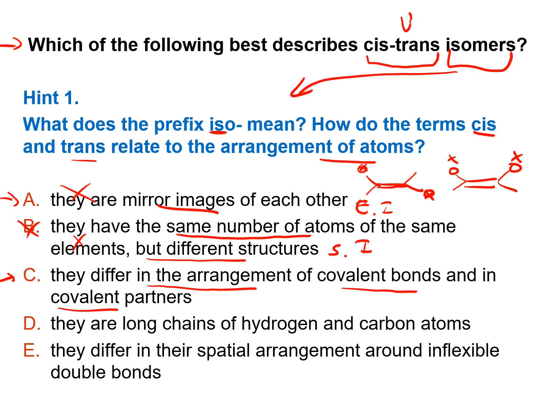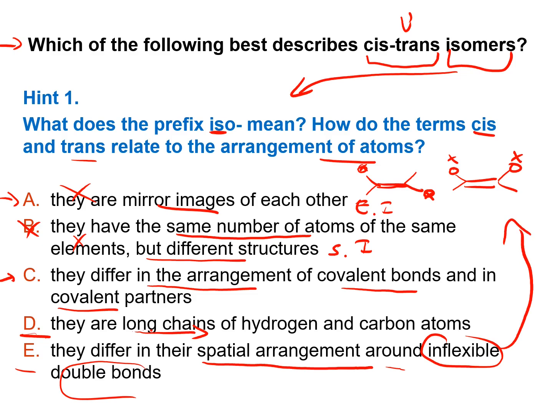This is not clear, and I don't think this is correct. D is even more general, and E seems to be the correct one. They differ in the spatial arrangement around the inflexible double bonds. So this is the most complete one and the one that best answers the question.